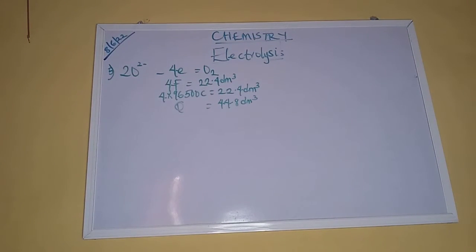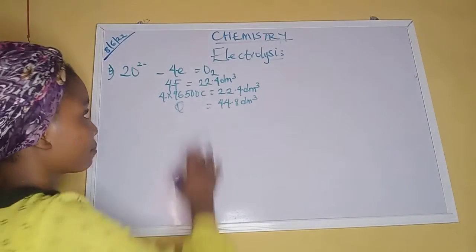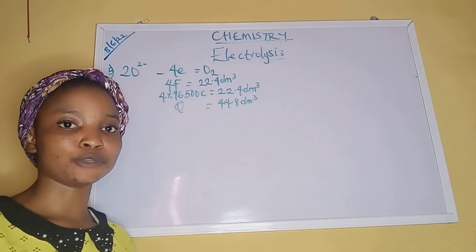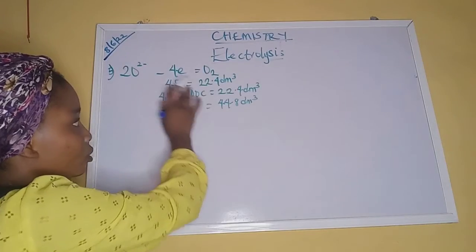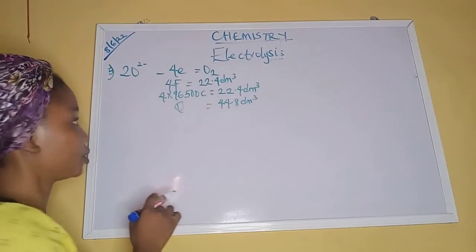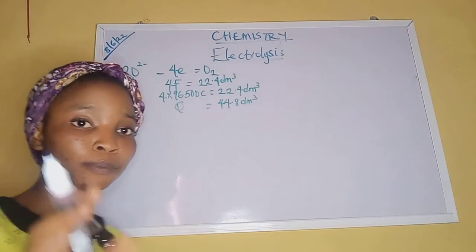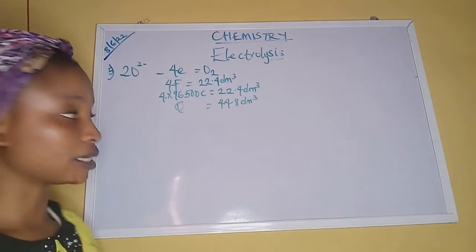To dissociate oxygen, I'll need 4 Faradays to get this O2. And 1 mole of any gas at STP is 22.4 decimeter cube. So I have 4F to give me 22.4 decimeter cube. And we're given a volume, which is 44.8 decimeter cube.